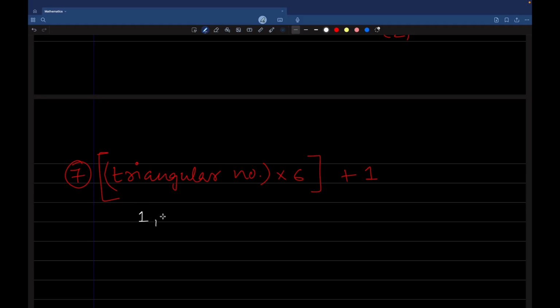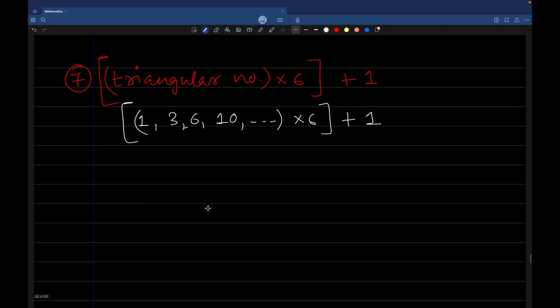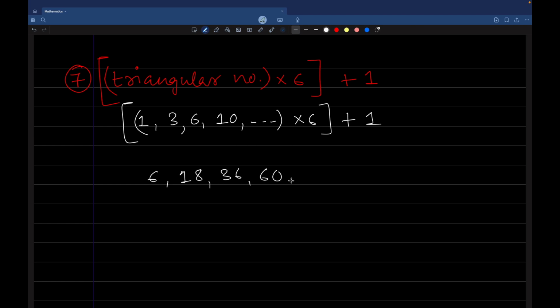Triangular numbers are 1, 3, 6, 10 and so on. These numbers are multiplied by 6 and add 1 to it. If we multiply all the numbers with 6, what we get is 1 into 6 is 6, 6 into 3 is 18, 6 into 6 is 36, 10 into 6 is 60 and so on.